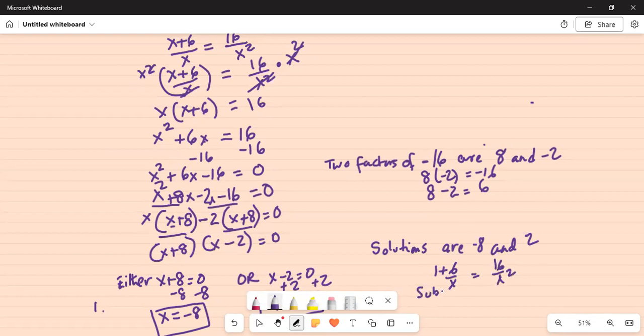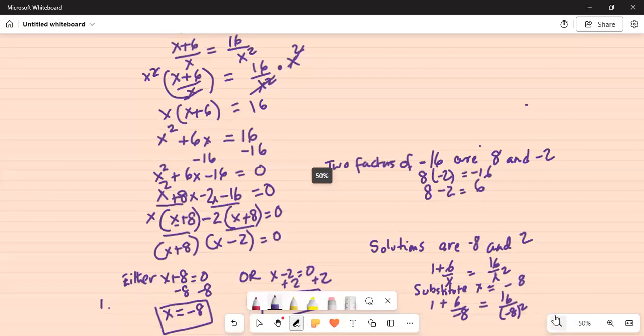Substitute x equal to minus 8. So what do you get? 1 plus 6 divided by minus 8 is equal to 16 divided by minus 8 squared.